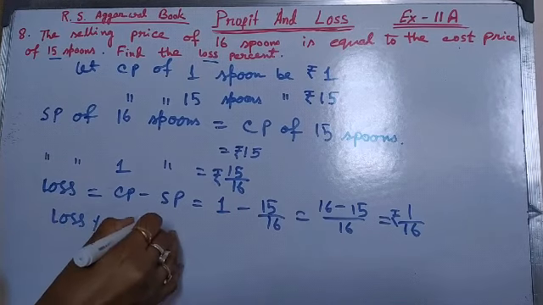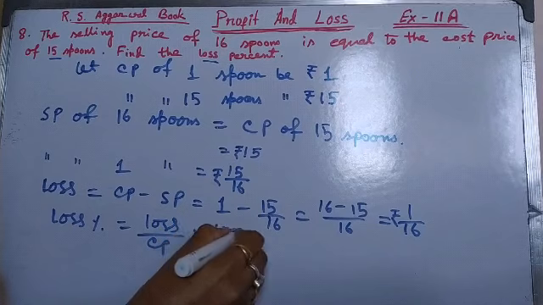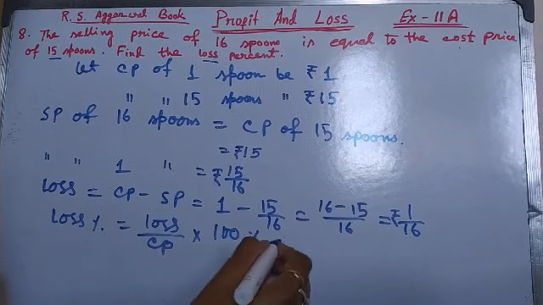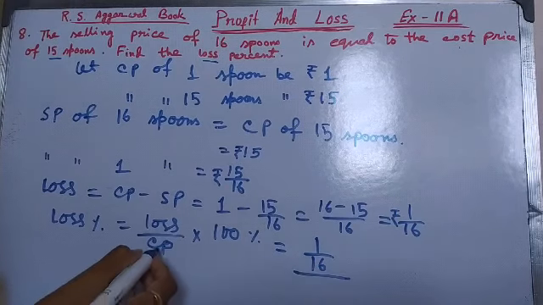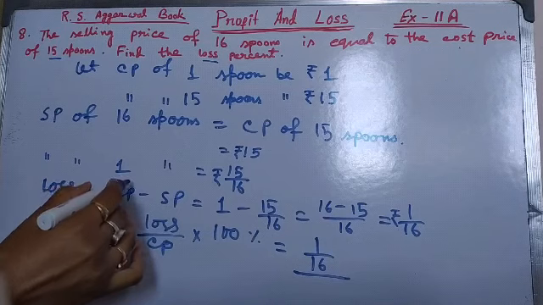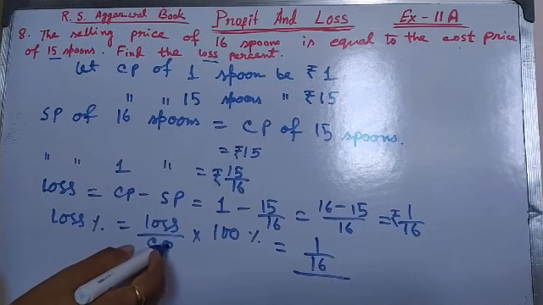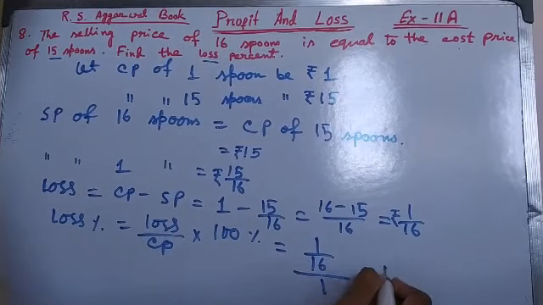Then we will find out the loss percent. Loss percent means loss by CP into 100%. Loss means 1 by 16, divided by the CP for 1 spoon, that is 1, into 100%.